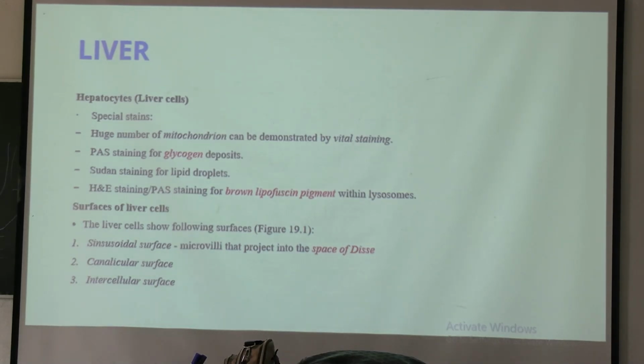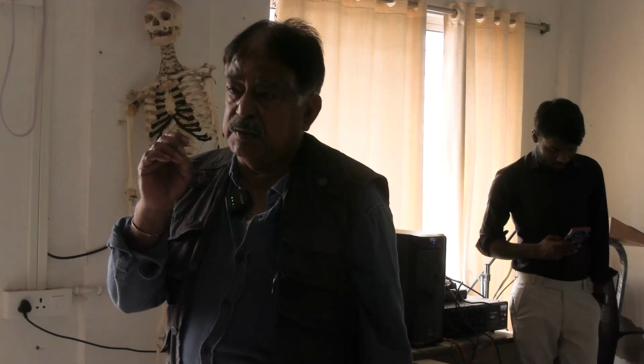So, don't bother about special stains. You should be restricted to your H&E stain. With the simple H&E stain you can recognize the liver at your level. For research or histopathology, you go for special stains.